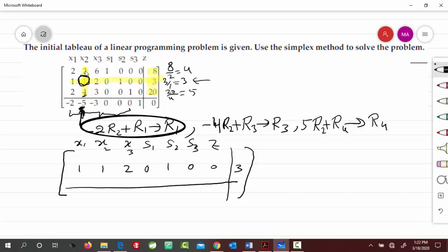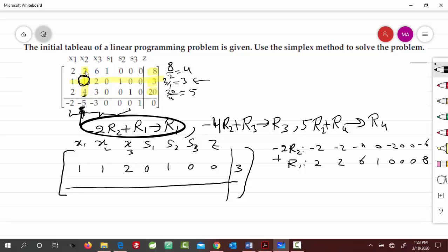If we multiply the second row by -2, the elements are -2, -2, -4, 0, -2, 0, 0, and -6. Then row 1 as it is: 2, 2, 6, 1, 0, 0, 0, and 8.